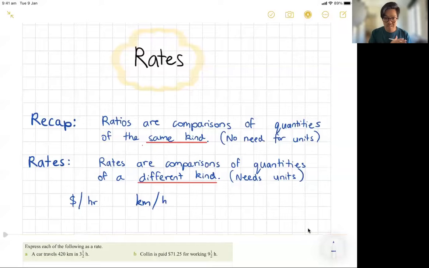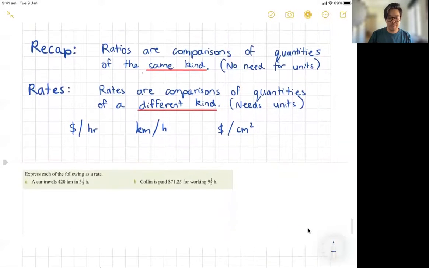So that is a distance, and then the other unit is time. So see how there's different units, or what would be another common one? Dollars per centimeter squared. So again, it's a measurement of area and a measurement of currency that's being compared here. So we're comparing two different kinds of units.